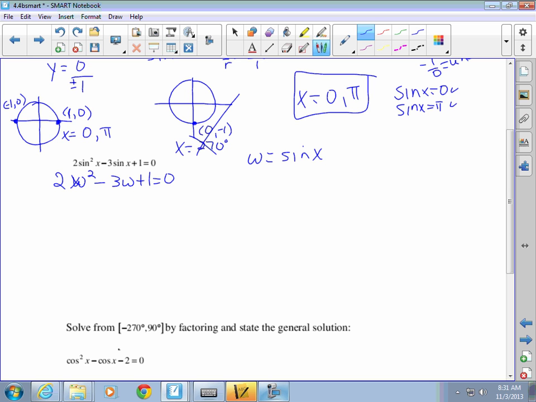So again, I've got that coefficient in front, and I can't GCF it out, so I'm going to use slide and divide. So that becomes, because I'm sliding this over here, w squared minus 3w plus 2 is equal to 0. So this is product and sum. I have w minus 2 and w minus 1 equals 0.